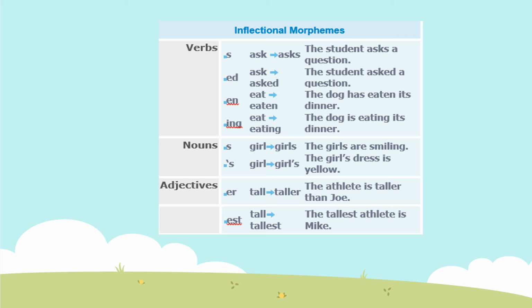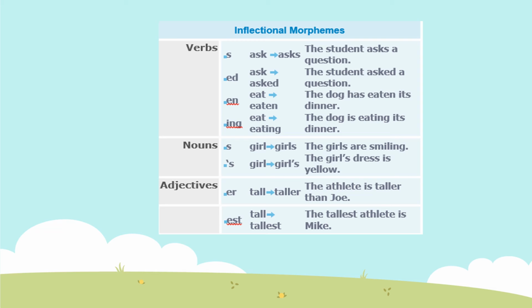If you add ed to ask, it becomes asked. Example, the student asked a question. Next, eat. If you add en, it becomes eaten. Example, the dog has eaten its dinner.